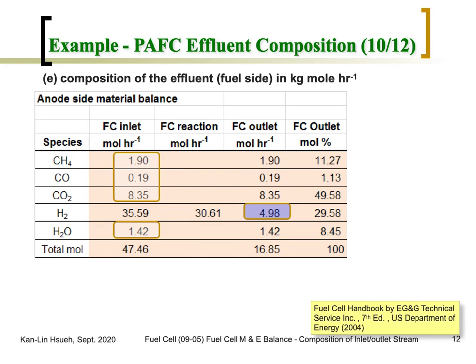For the other species, methanol, carbon monoxide, carbon dioxide, and water, they are inert, so they simply flow through the fuel cell. Whatever comes in goes out. So at the fuel cell outlet, that is the molar flow rate for those inert species. Adding all these numbers, the total molar flow rate is 16.85 mole per hour.